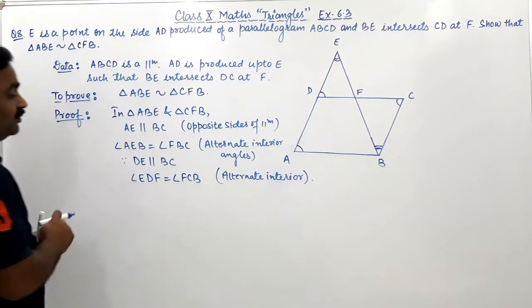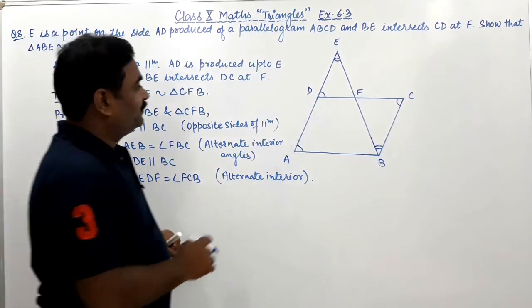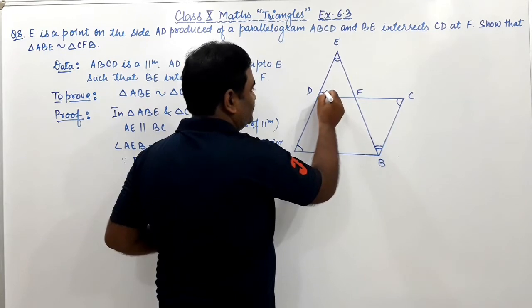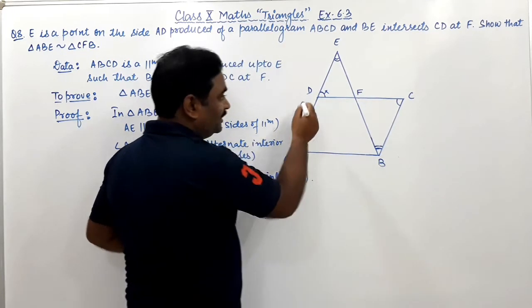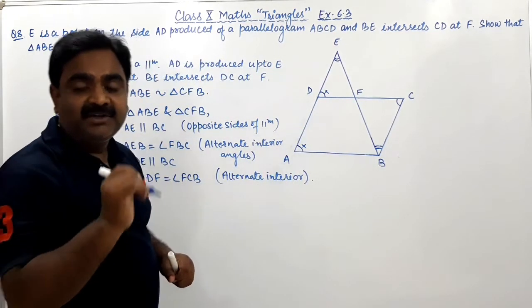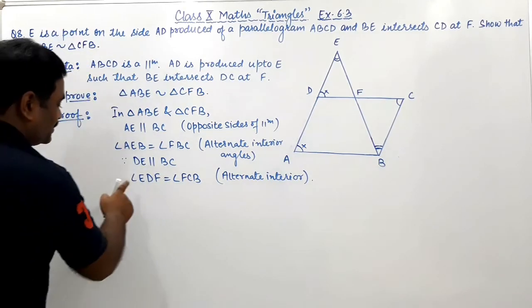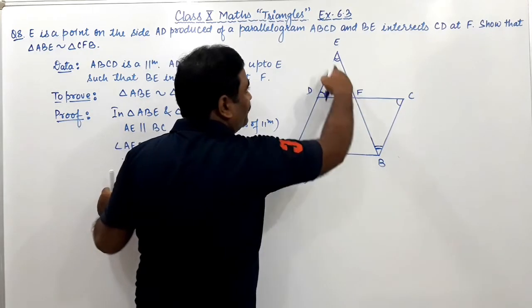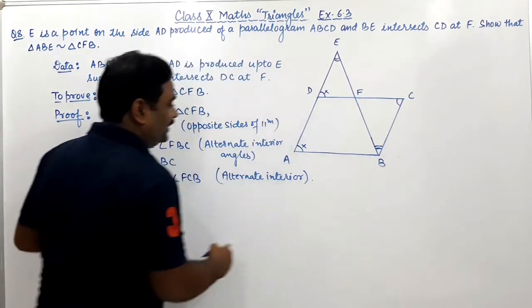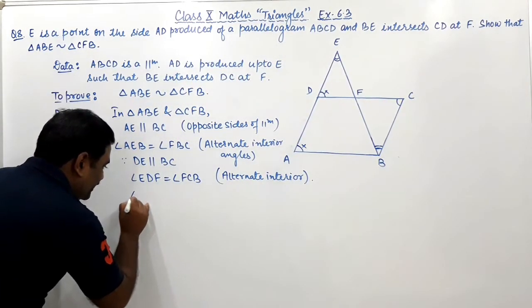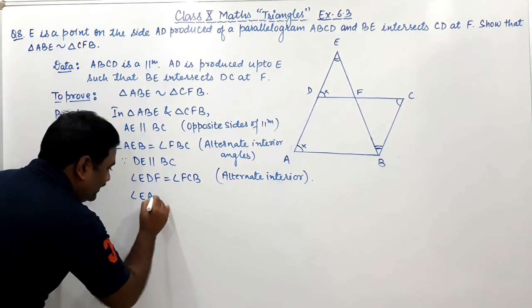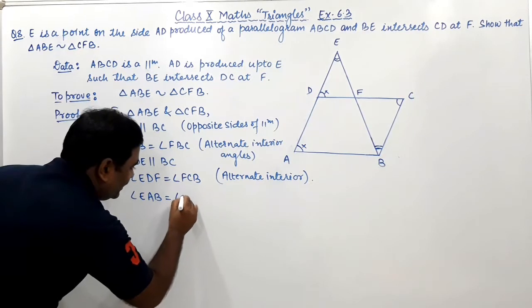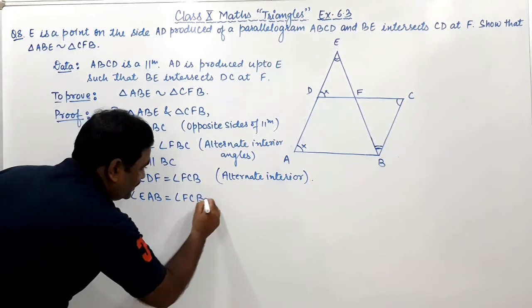Okay. Now this angle EDF is equal to this angle by corresponding angles. So in place of EDF, we can write EAB. Therefore angle EAB of this triangle is equal to angle FCB.